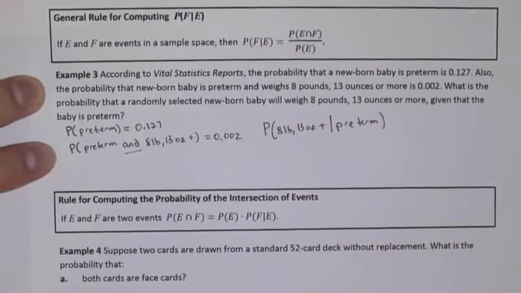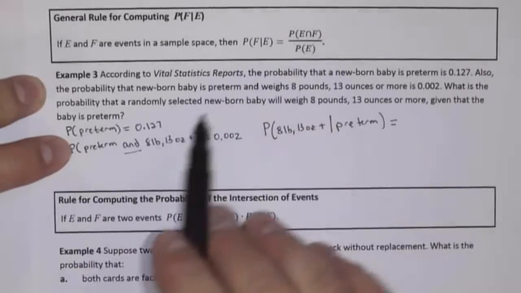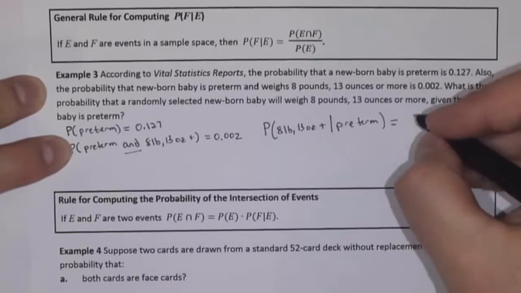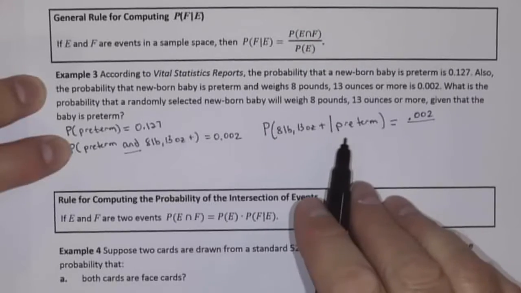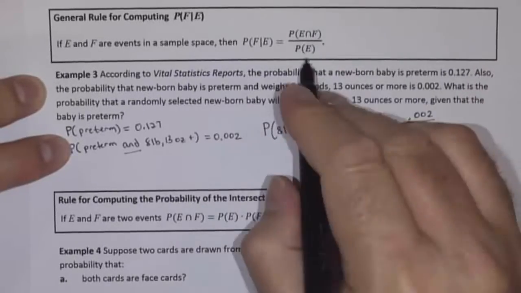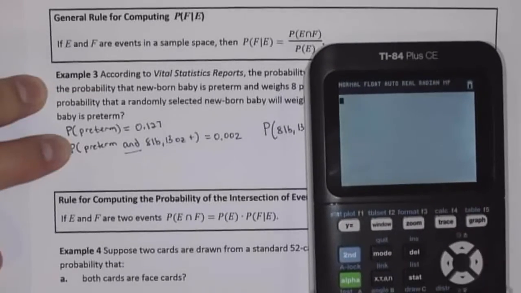Well, according to our rule that we just saw, that's going to equal the probability of E and F, so in this case preterm and 8 pounds 13 ounces or more, so that's 0.002, divided by the probability of being preterm, which is 0.127 in this case. That's our P of E. So I'll get this probability just by taking 0.002 divided by 0.127.